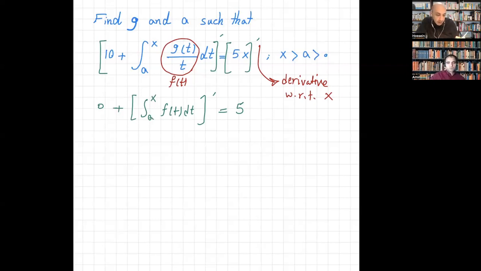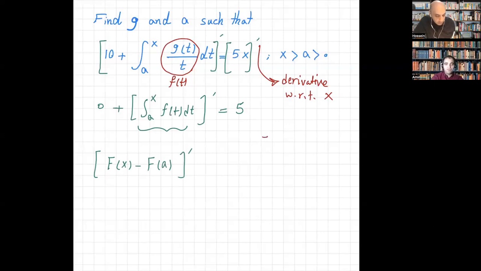Based on the fundamental theorem of calculus, what we have inside these brackets is going to be capital F of x minus capital F of a, where capital F is the integral of small f.